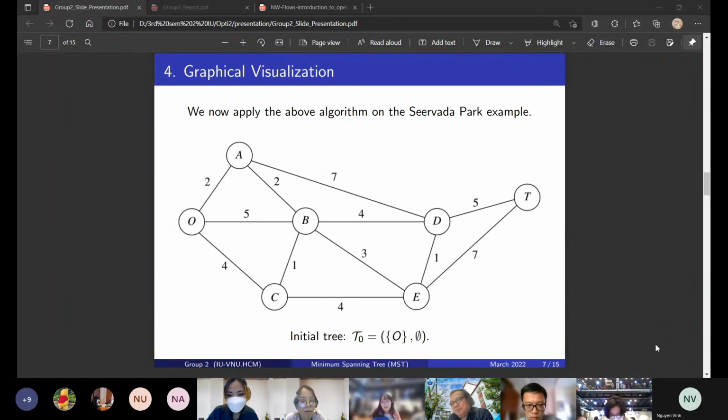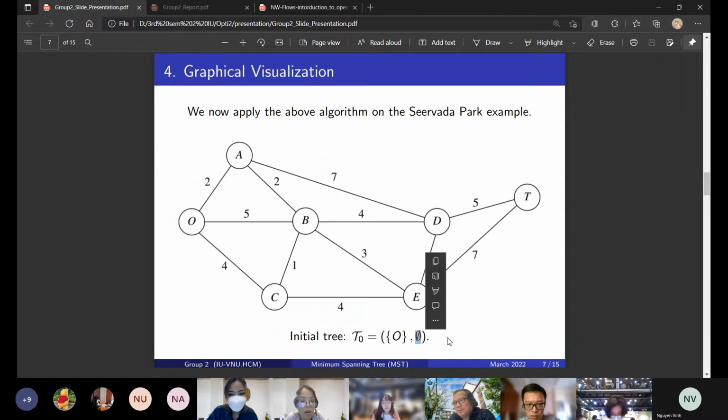As we said in the algorithm, in step 1, we first construct an initial tree by taking an arbitrary node, node O here. I will set up the initial tree T0, which now includes node O and has no arcs.